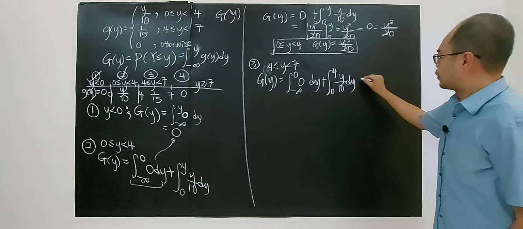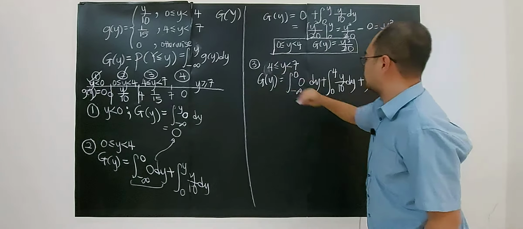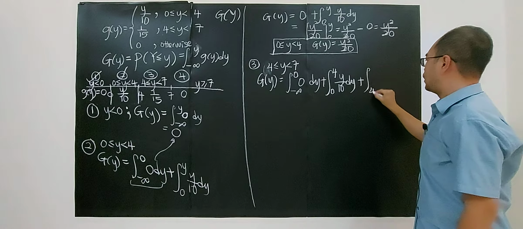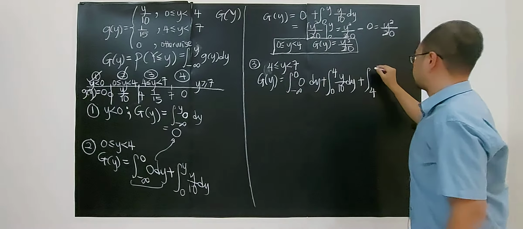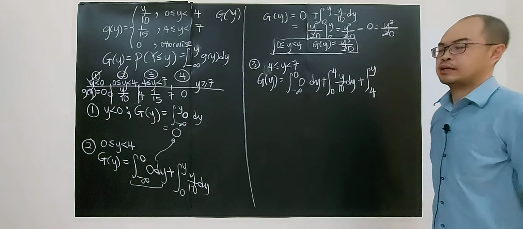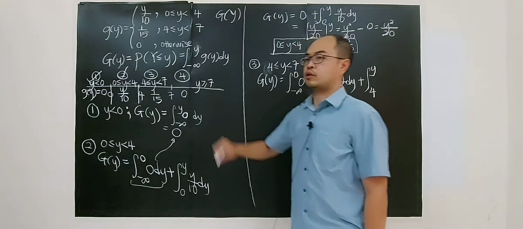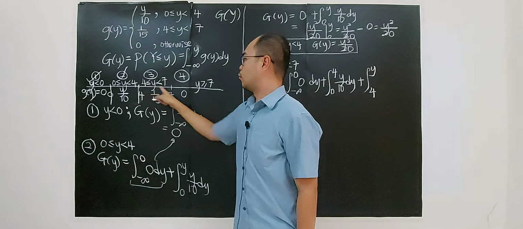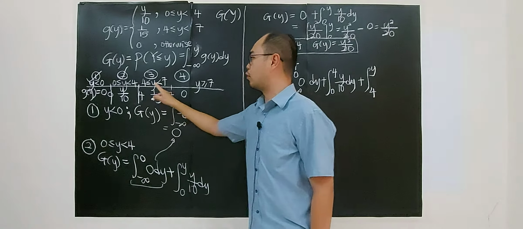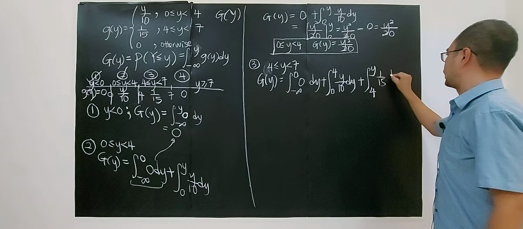Then 1, 2, 3. Now go for the third interval. But I start with 4, but not end with 7. I do not write 7 here, but I write y, because now I have the third interval before moving to the fourth interval. So during this interval, what is the function for g(y)? 1 over 15. So I have to write 1 over 15 dy.